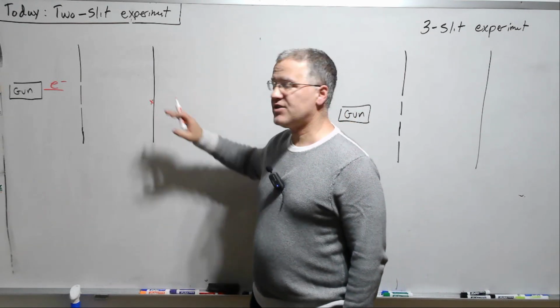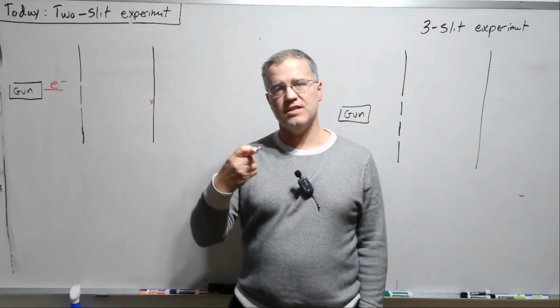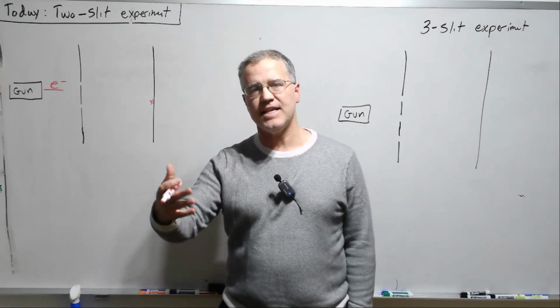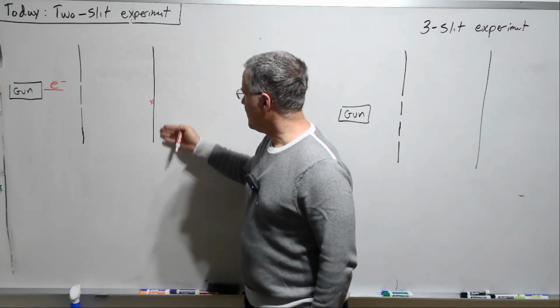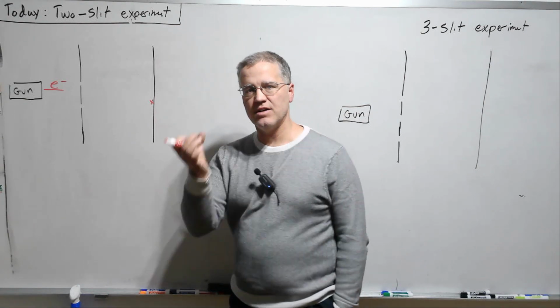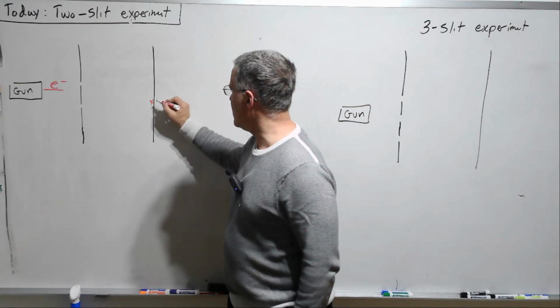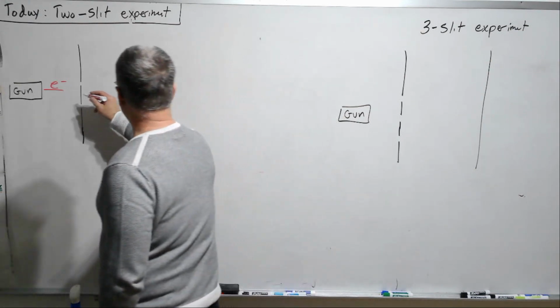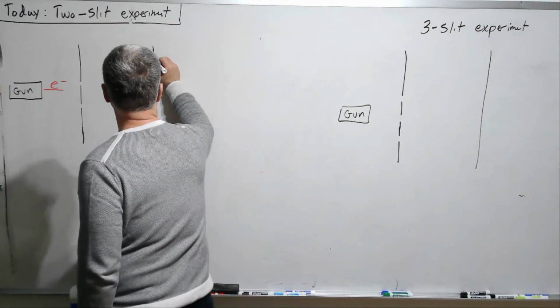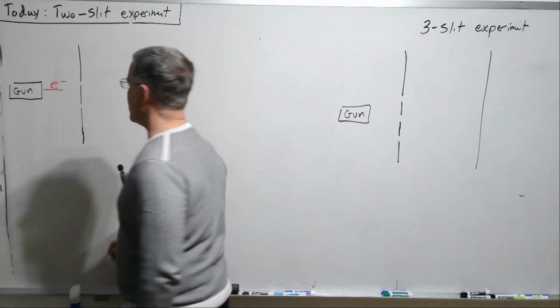The fact that it hits right here looks like, in that case, it's manifesting its behavior as a particle. So the presence of this detector here causes the electron to appear in one spot. Okay. We fire another electron here, here, here, here.